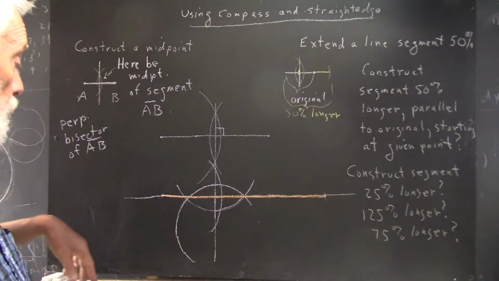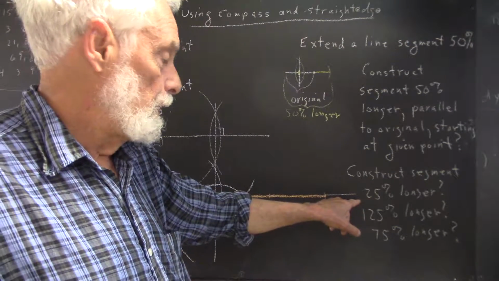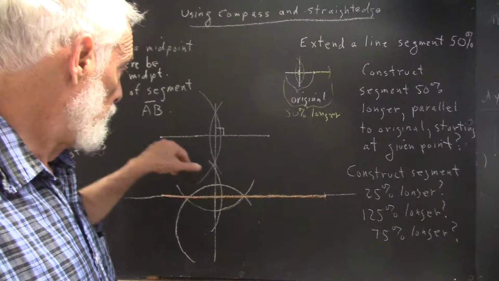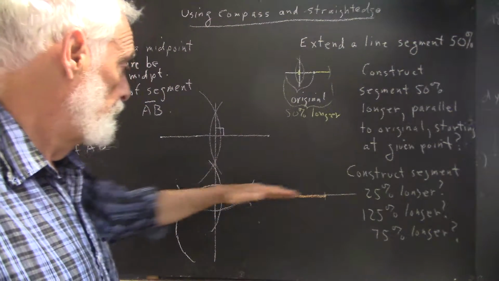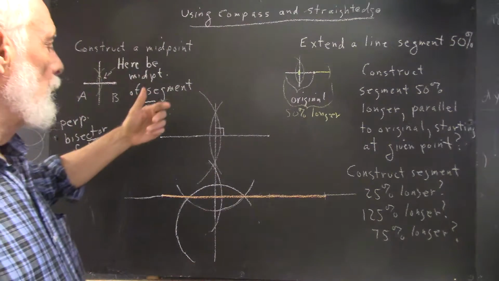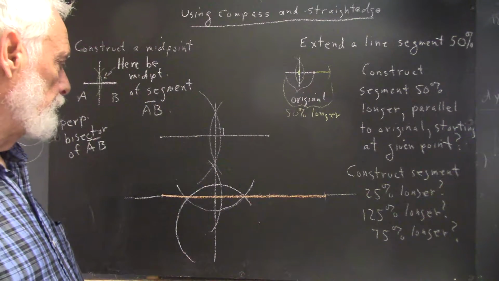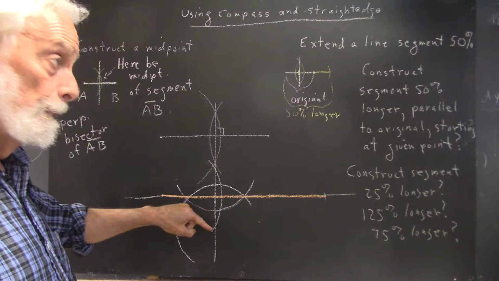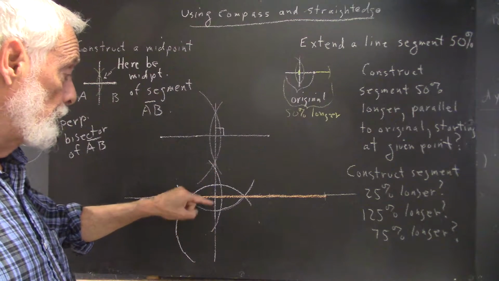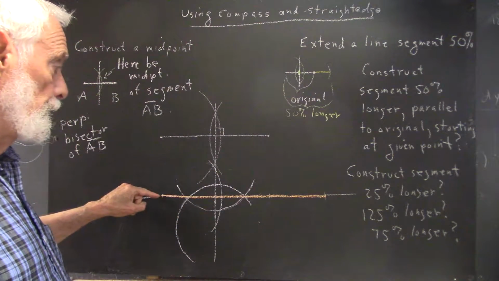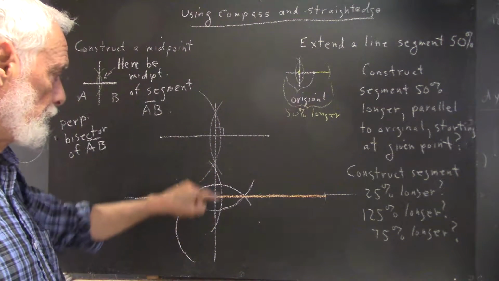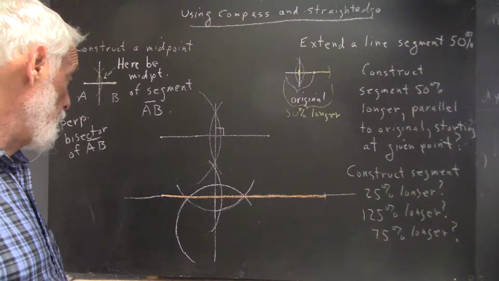Wasn't necessary for it to go this direction. I did want to extend it long enough here that we could construct a line 50% longer than this one along this line. So we do the perpendicular bisector of the segment from here to here. Okay, that perpendicular bisector has to go through this point by the isosceles property of this triangle.